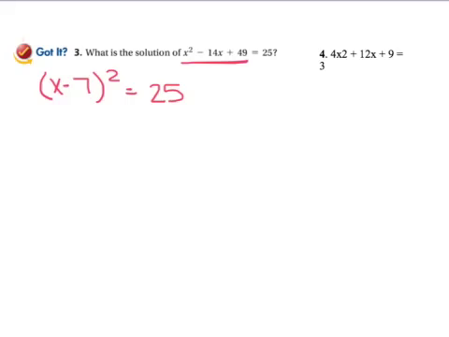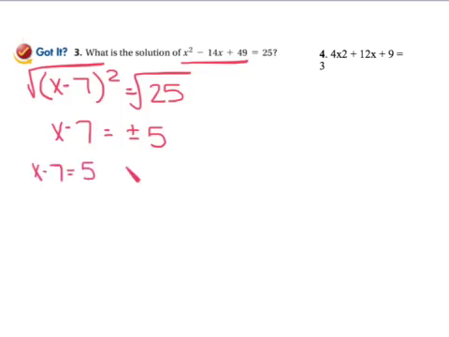Once you have that quantity squared, undo the square by taking the square root. So either x minus 7 equals 5 or x minus 7 equals negative 5.